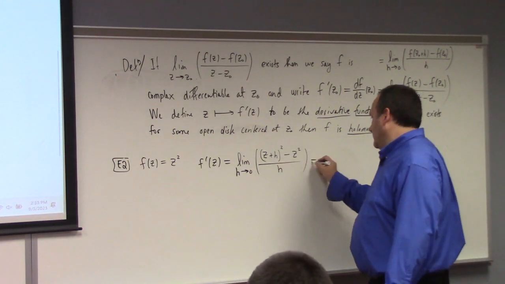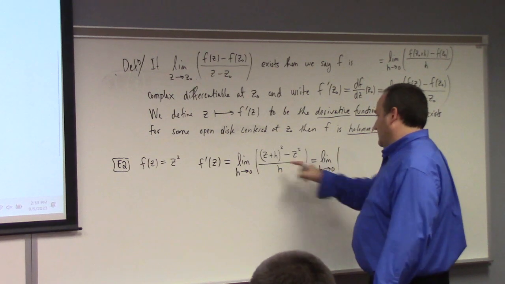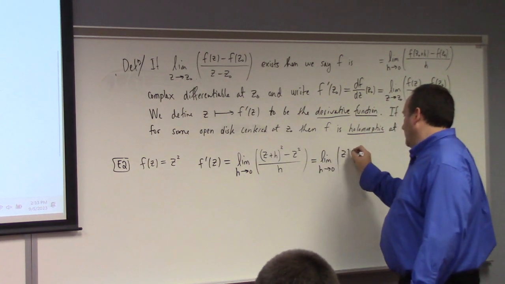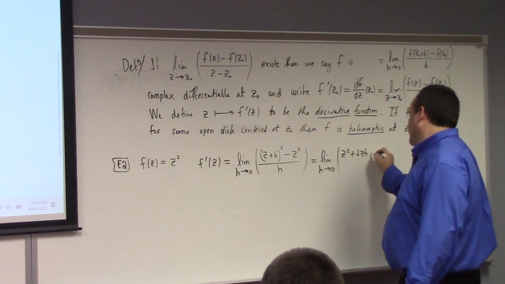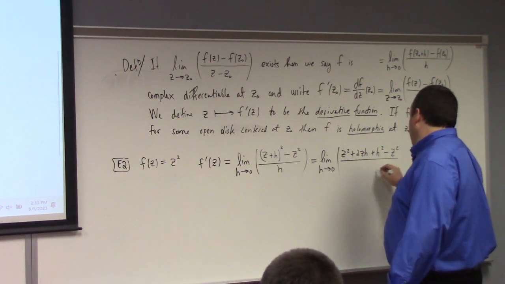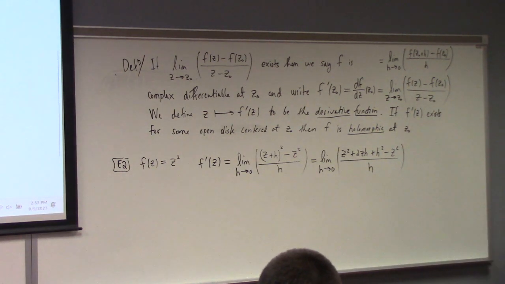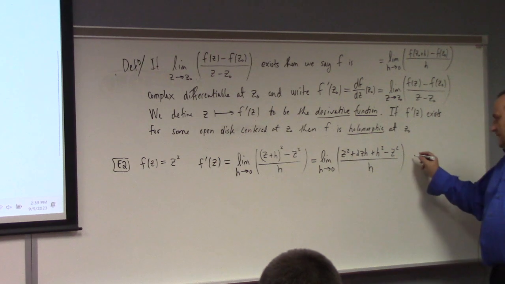So then what? Well, you know, square it out, right? What happens? The z squareds, they cancel, right? And the h's reduce.